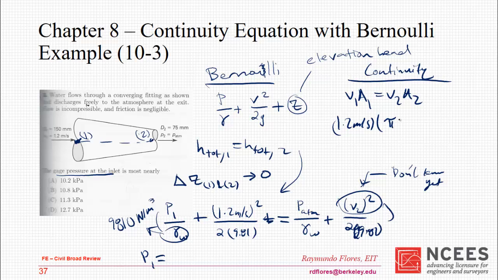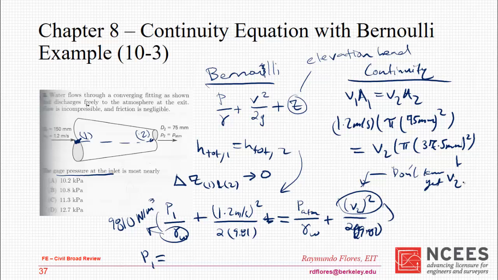A1 is pi times, and they give the diameter, so we'll just have it really fast. So that's 75 millimeters squared is going to be equal to V2, which we are trying to find, times pi times the diameter divided by 2, 37.5 millimeters squared.